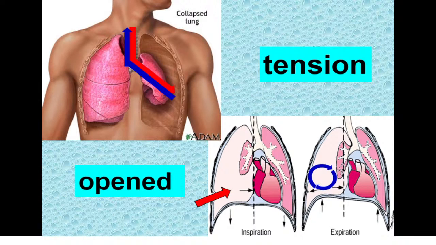The lung immediately collapses, and it may end with shock or death of the patient. Emergency aid is needed. First of all, we transform tension pneumothorax into opened by puncture of pleura with a needle, and then it may be resolved only in a surgical department.